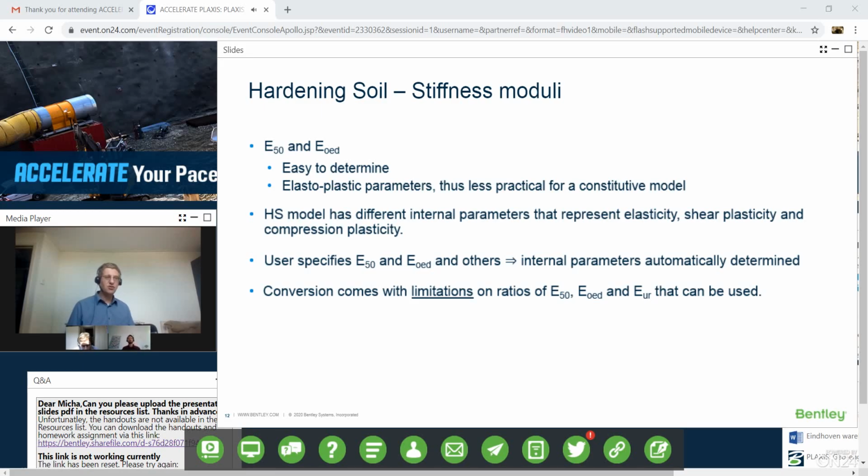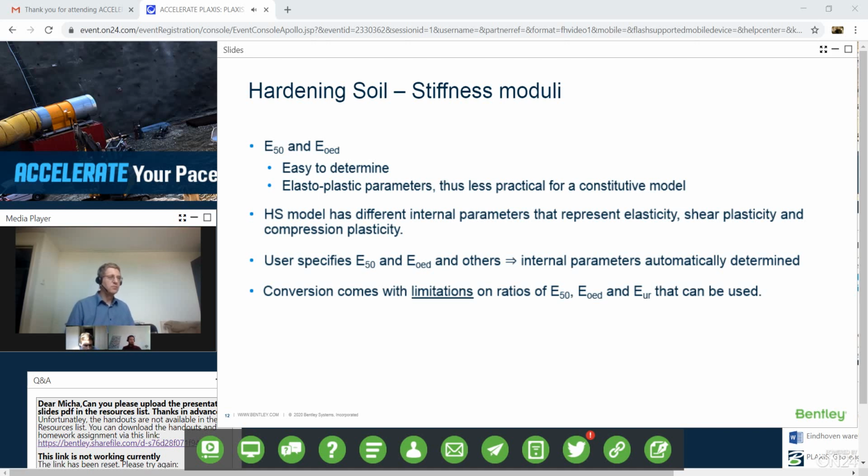In this way, it iterates to internal parameters that, after doing those two tests, represent the E50 and E odometer that the user put in. That sounds like a lot of work, but you don't even notice. If you fill in the parameters and press OK, you don't even realize that in the background there's a very fast little iterative procedure to determine the internal parameters. It needs 3-4 iterations and it found them.